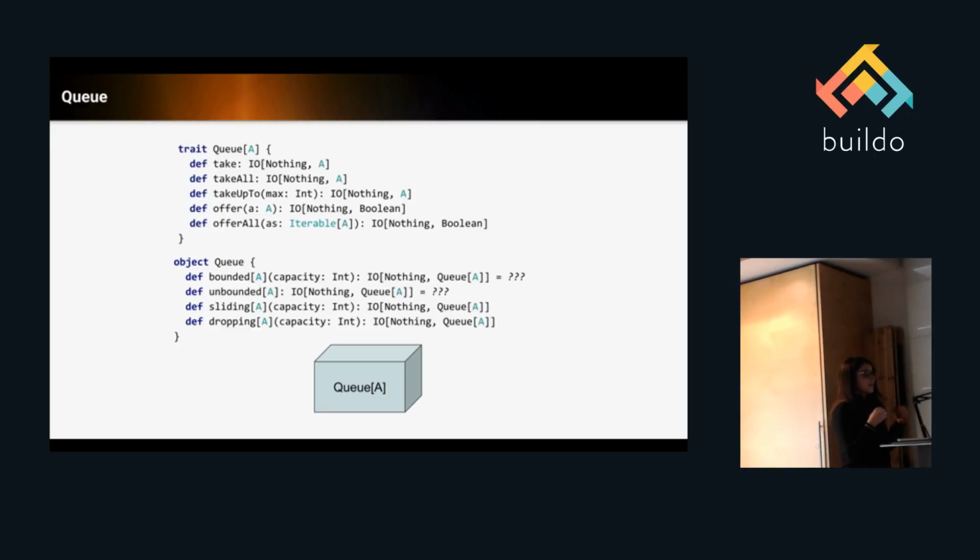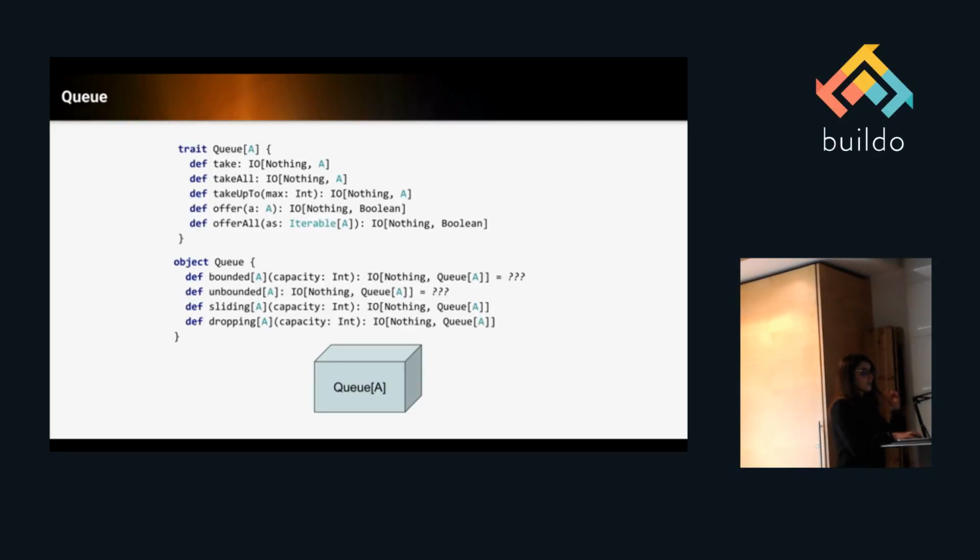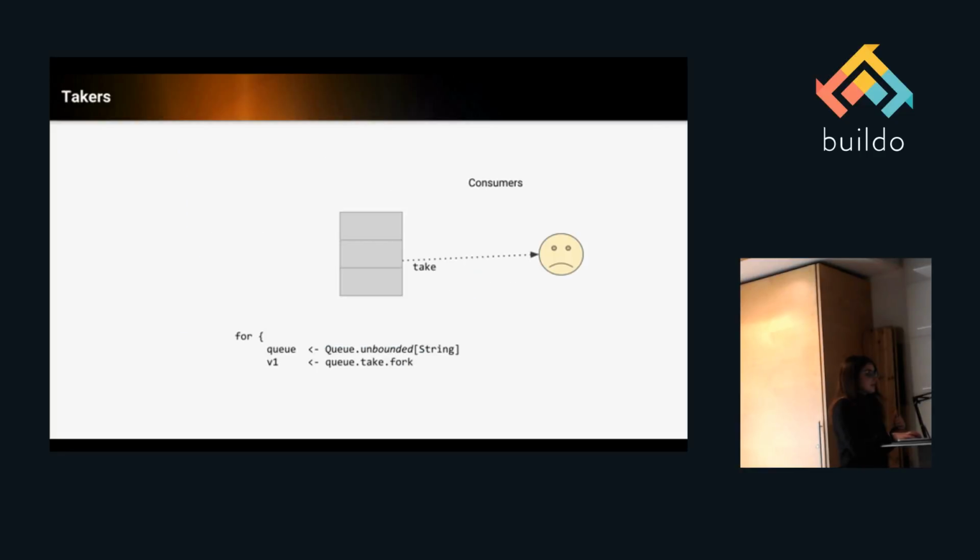And the queue in ZIO has the behavior of the consumer. The behavior of the consumer will be the same in all strategies and queue types. It's like this.